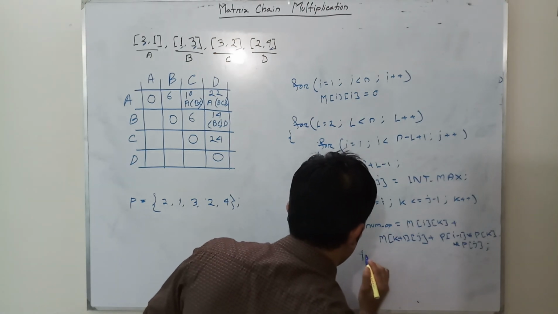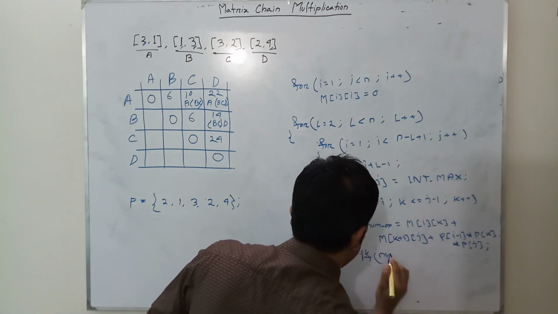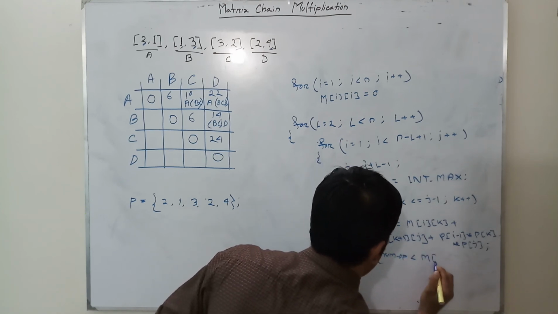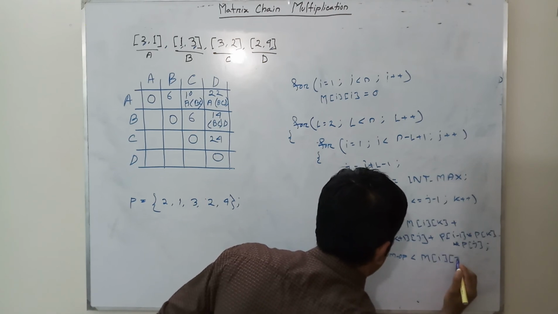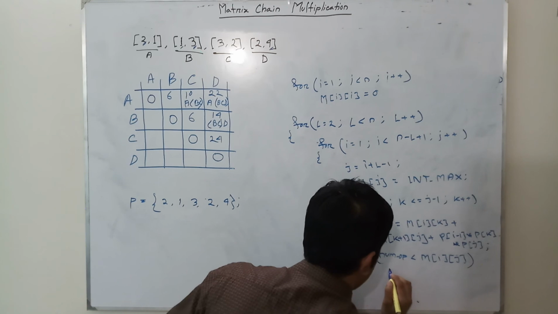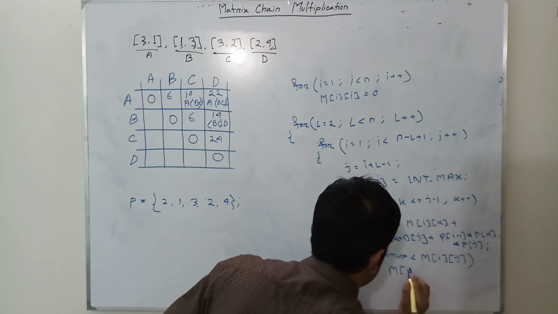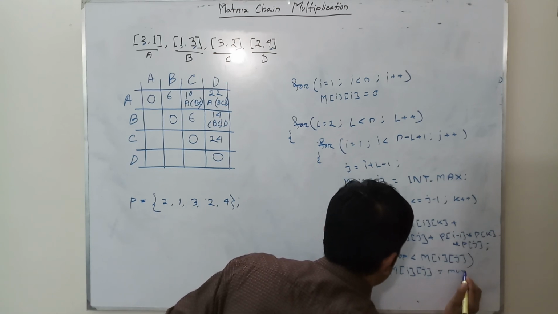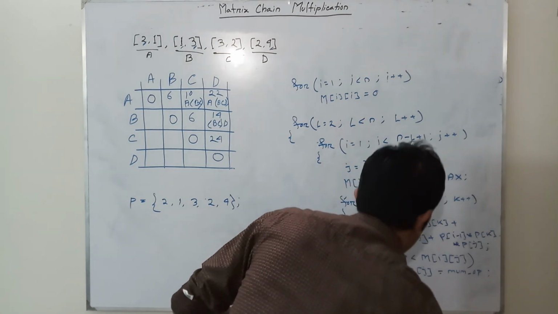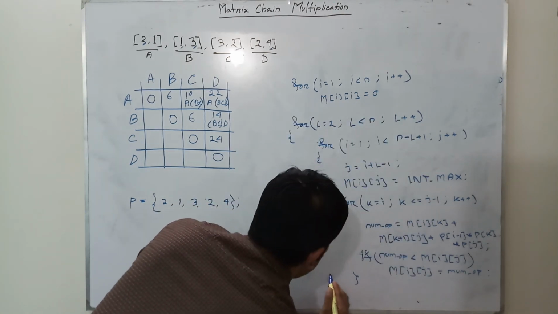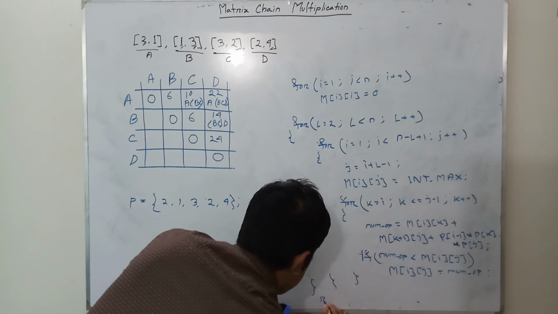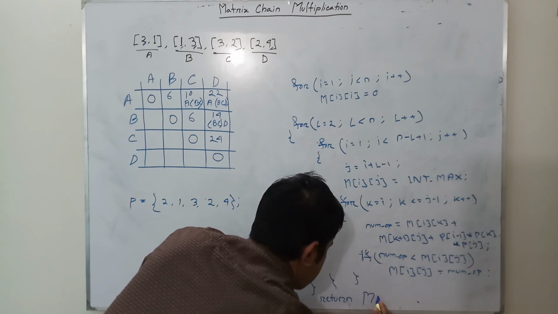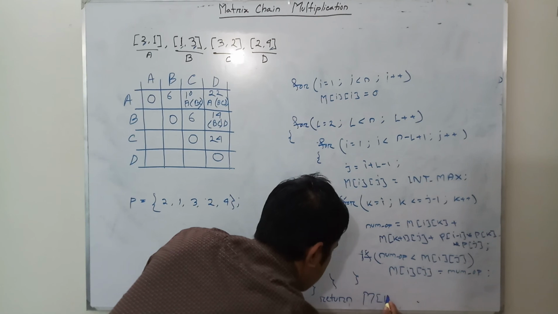Now if the cost is less than the max, then we'll set the value as the minimum operation, and we will return the minimum number of operations.